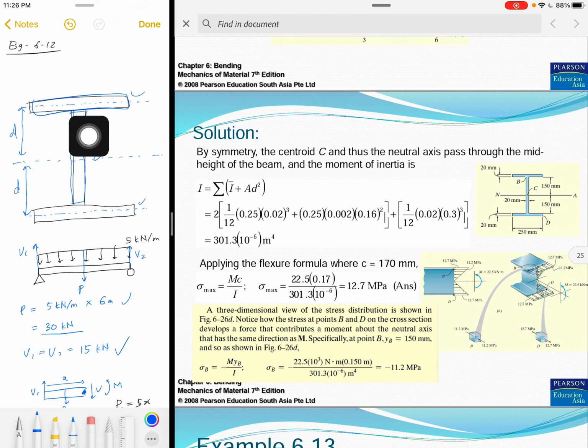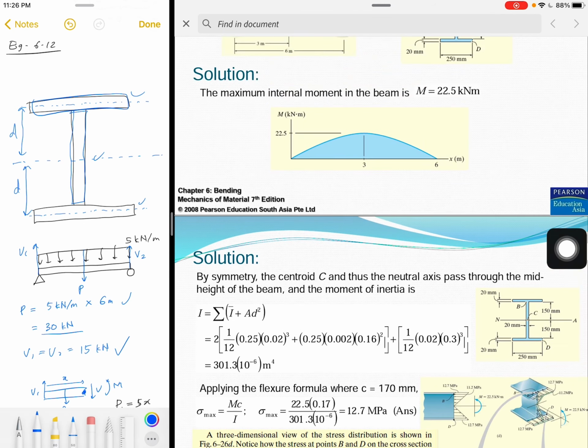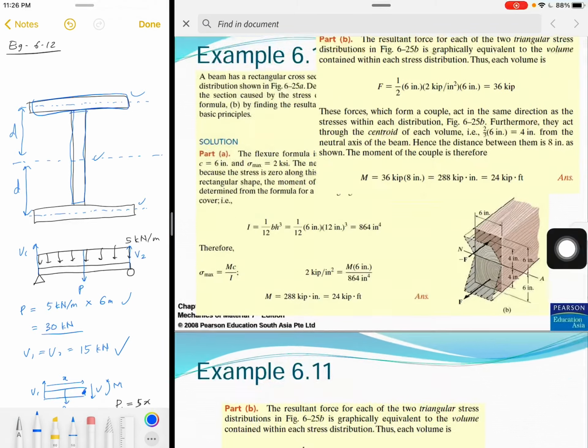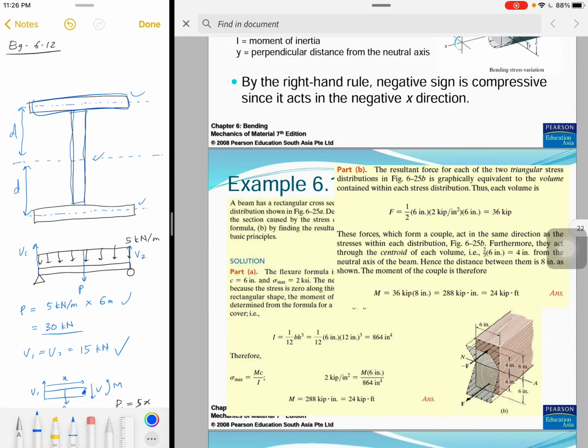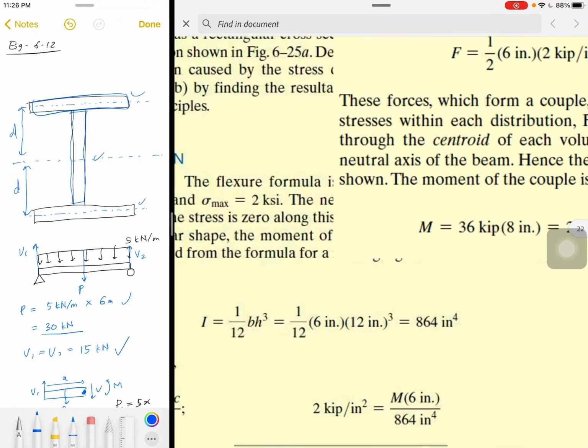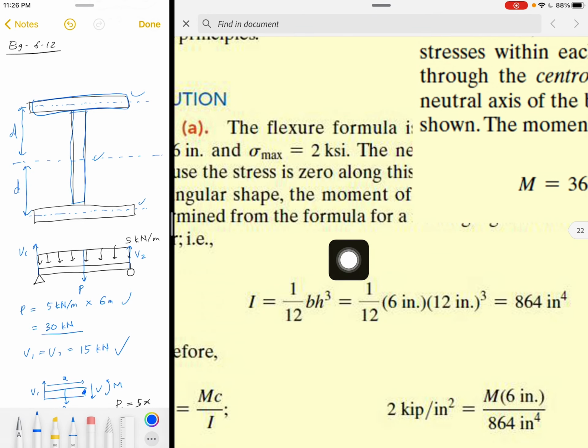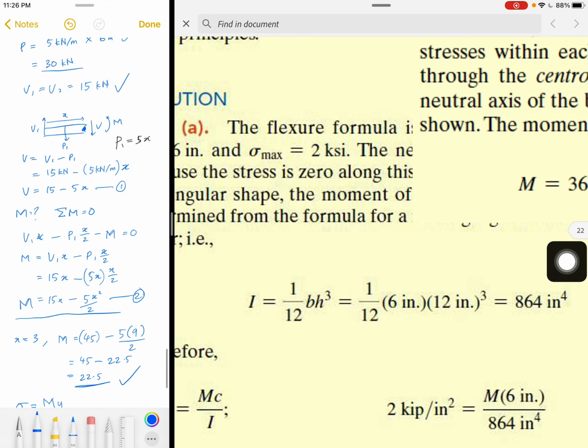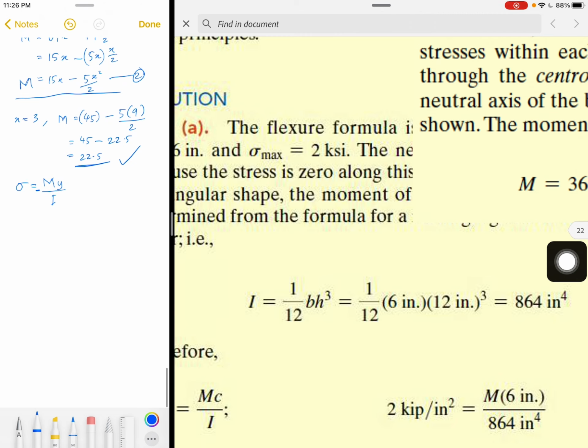Okay, so we look at the rectangle at the middle first. So this is the formula, if I'm not mistaken. I may write it down right here. I equal to 1/12 BH cube.